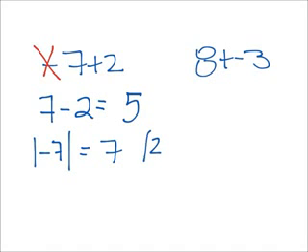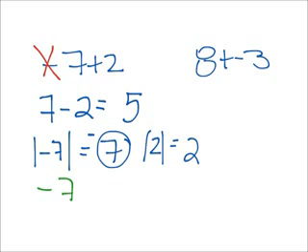The absolute value of 2 is 2. So in this case, the bigger number would be 7. Since the 7 was a negative, that's the sign that I want to keep. So basically here I have -7 plus 2, which is actually -5.